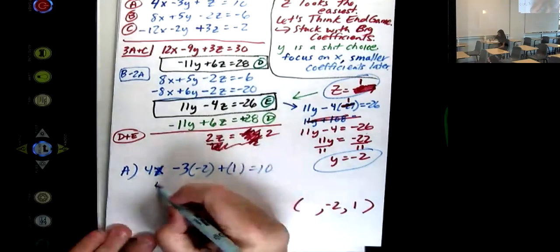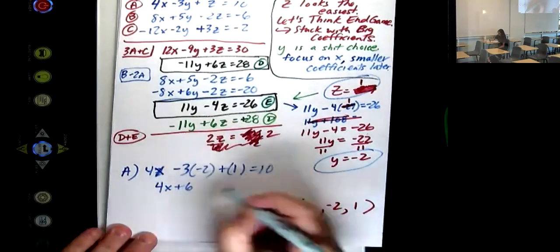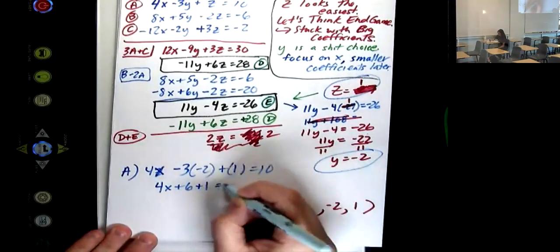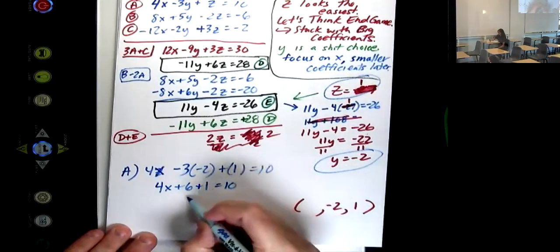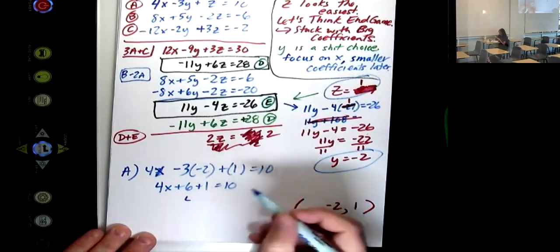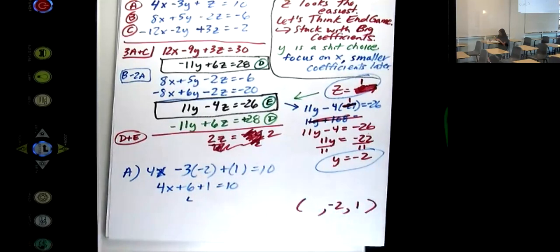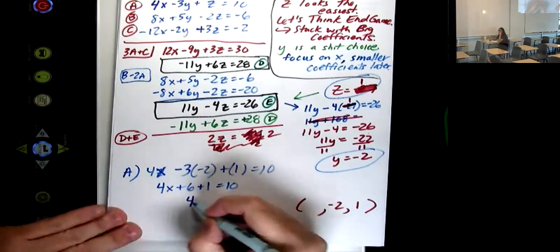So I get 4x plus 6 plus 1 equals 10. That's 7. If I subtract 7 from both sides. Am I doing this? Really? There's a fraction in it? That's funny. -3 times -2 is 6 plus 1 is 7. Subtract 7. There is a fraction in this problem.